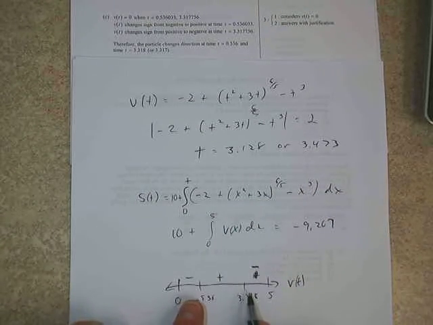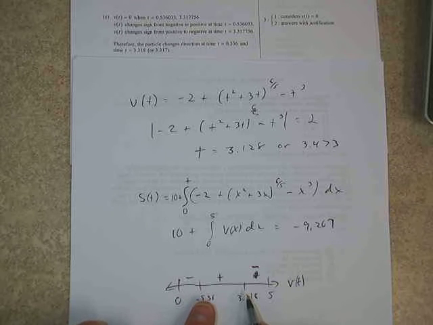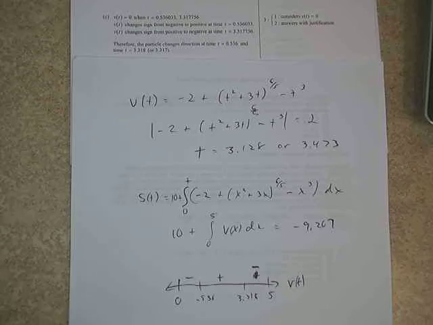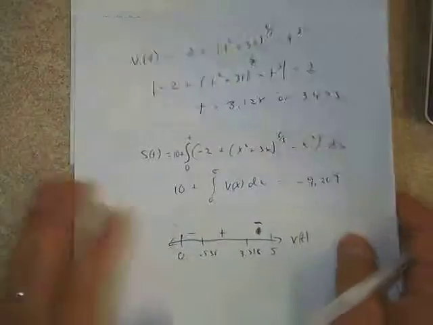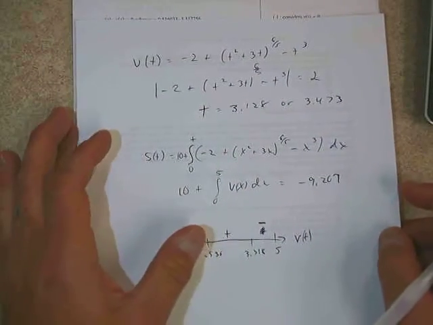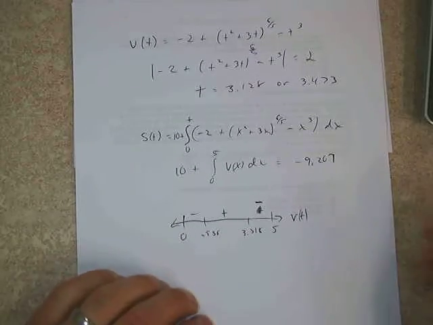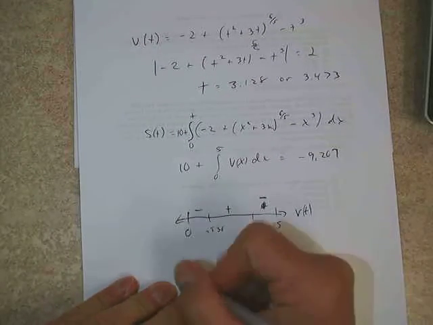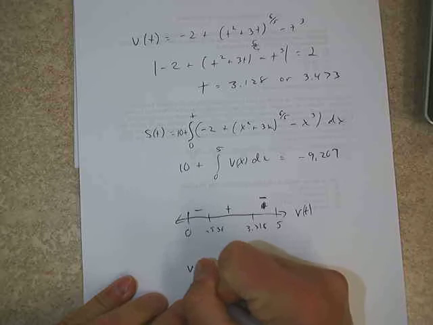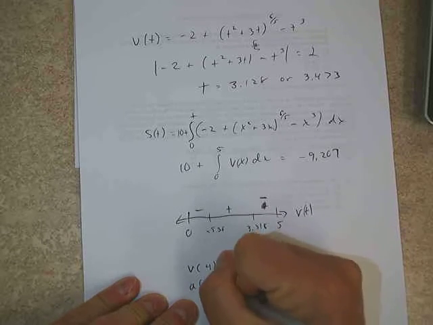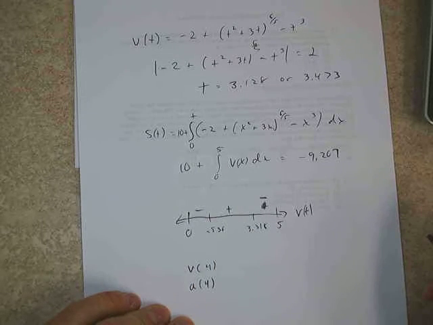So this would show that we do in fact change directions at both of those points. So we do change directions at 0.536 and also at 3.318. And therefore we get 2 more points. If we set the derivative equal to 0 and find those points, we got a point. And if we indicated that there was a change of direction, we got 2 more points for that, so 3 total there.